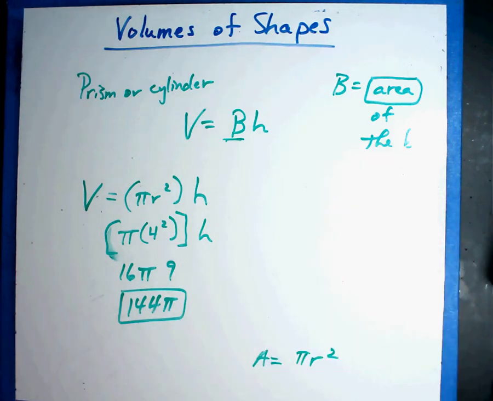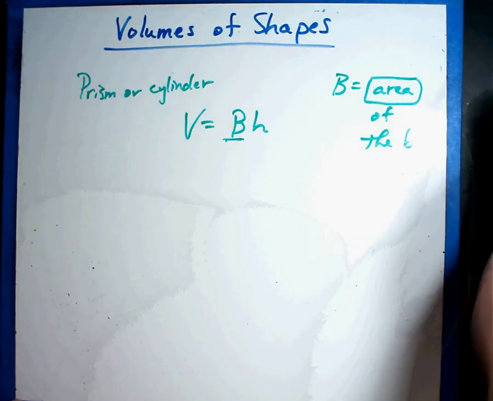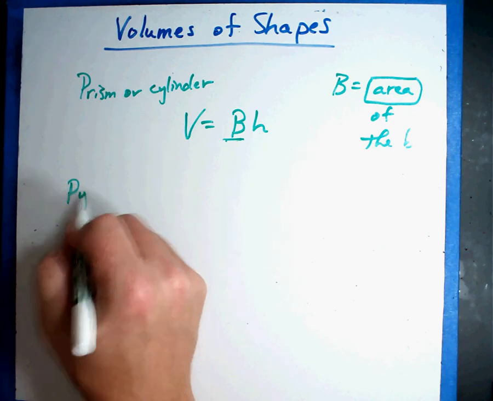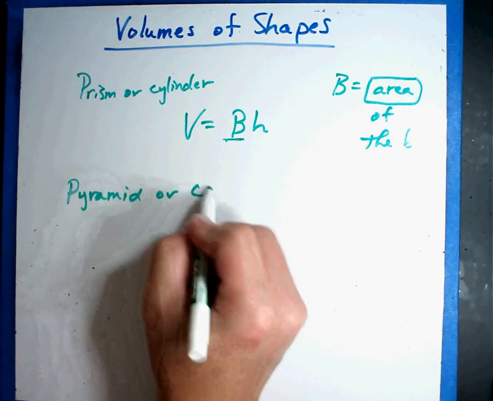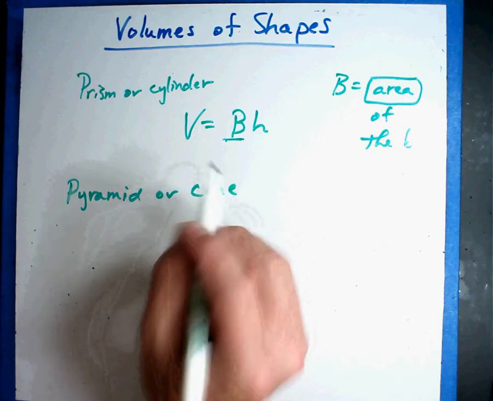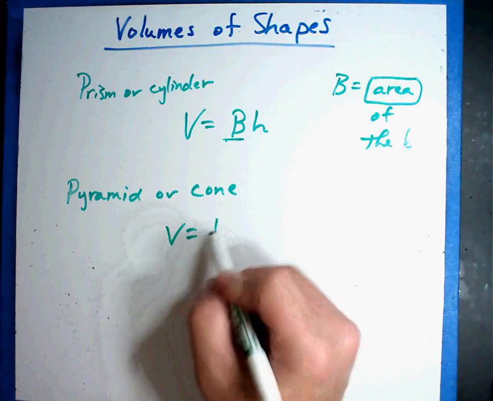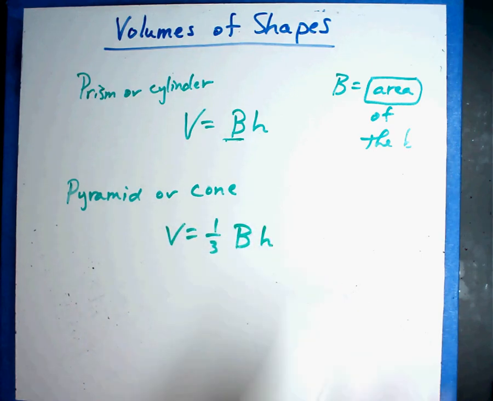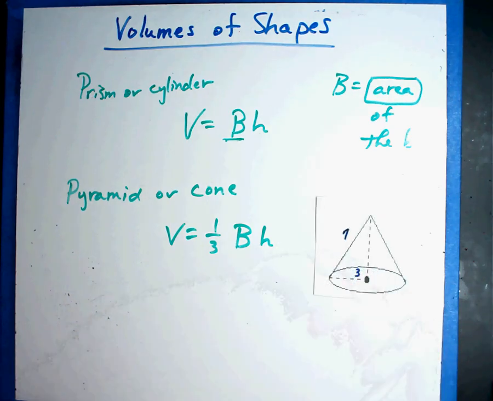Let's try another one real quick. Let's look at the next formula that they give us: a pyramid or cone. They have the same formula. The volume is going to equal 1/3 B H. Let's see what we get if we use this cone.